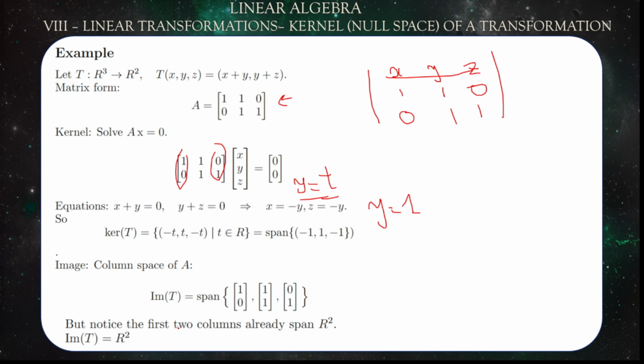So you see (1, 1) doesn't fit, because it is the combination of (1, 0) plus (0, 1). So the image of T is R2, not R3.